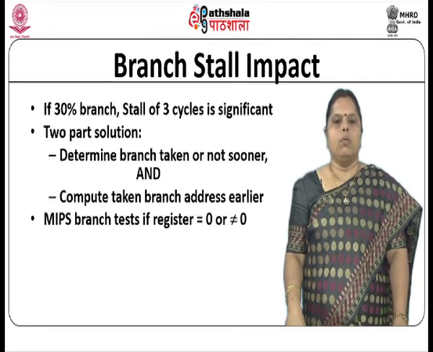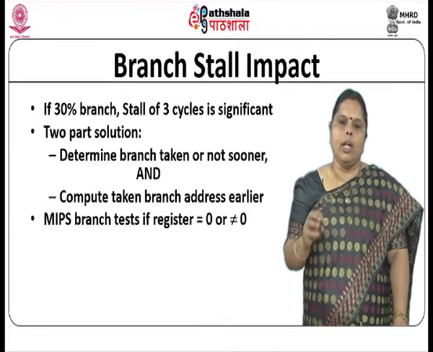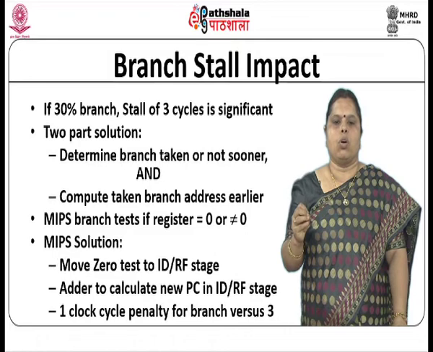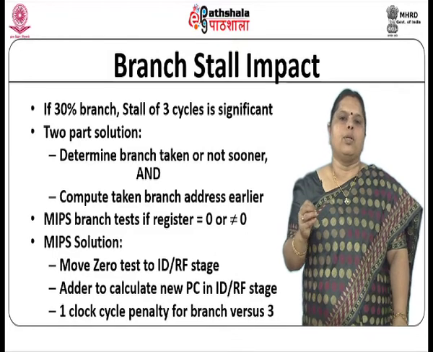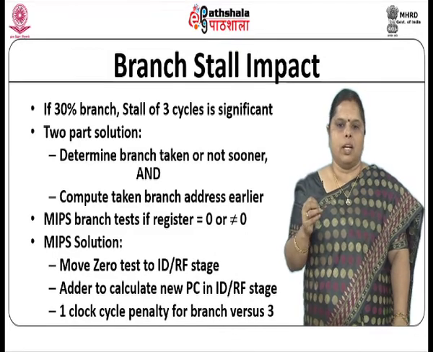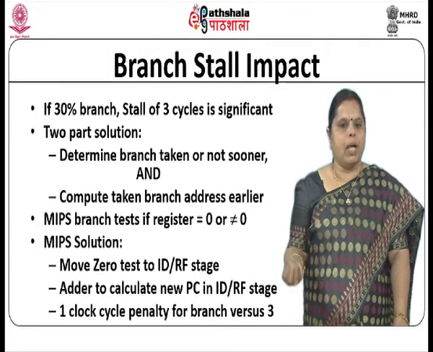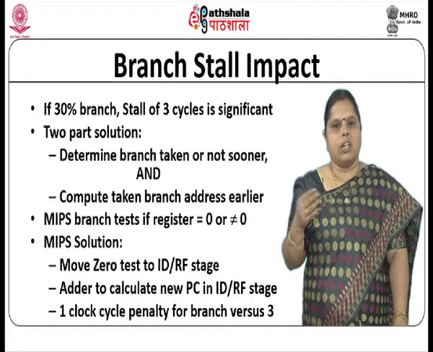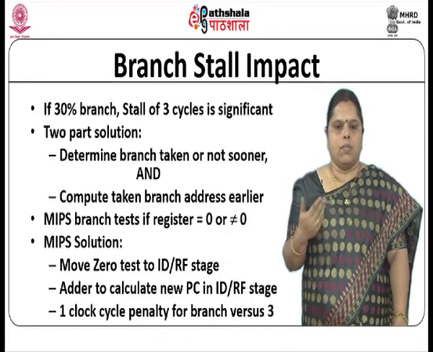In the case of your MIPS architecture, you only test whether a register contains a value of 0 or not. So, the solution for MIPS is either comparing two registers to find out whether they have the same value, or checking for a register containing 0 or not.